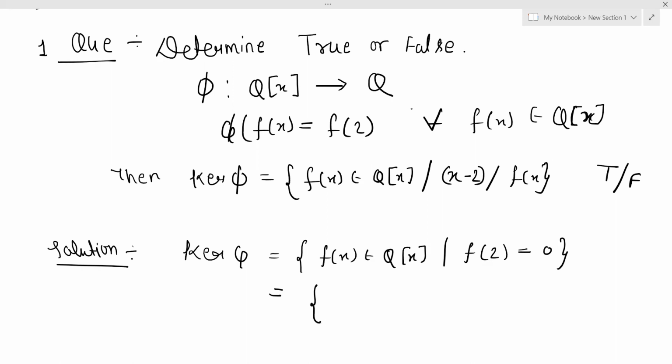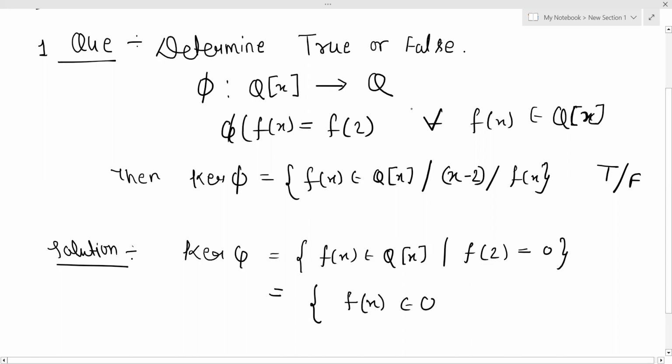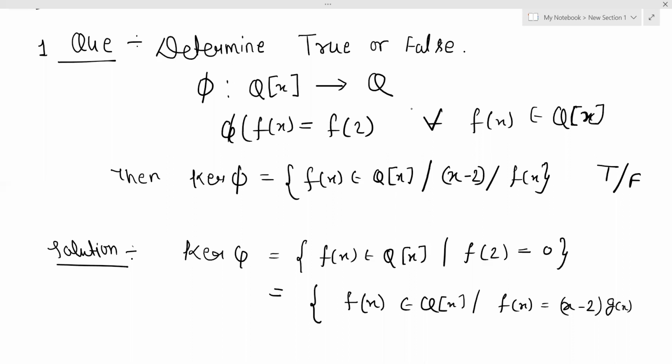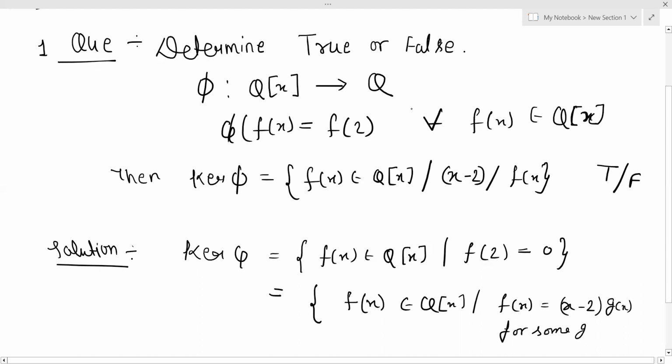Okay, let me write. f(2) is equal to 0. This implies f(x) belonging to Q[x] such that f(x) is equal to x minus 2 times g(x), for some g(x) belonging to Q[x].